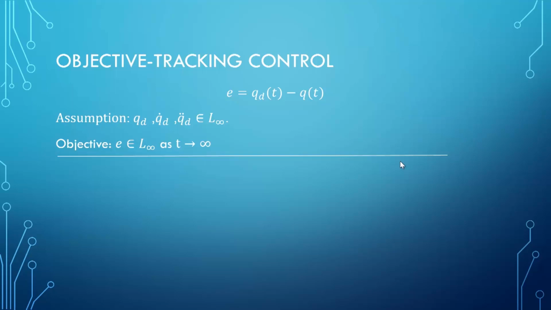They are designed to be bounded, and they are known values because they are by design, the user's choice. And we want e to be bounded, at least bounded, but if you can find e converges to 0, that would be even better.